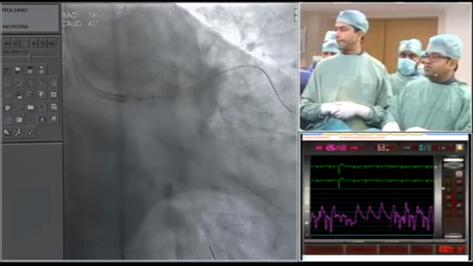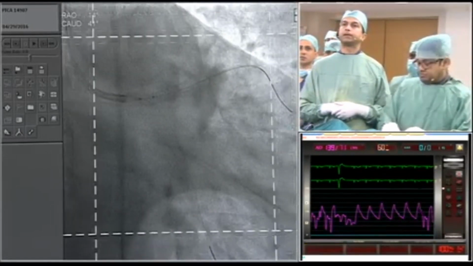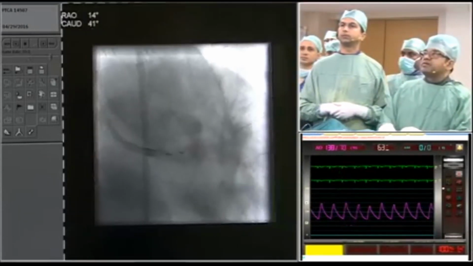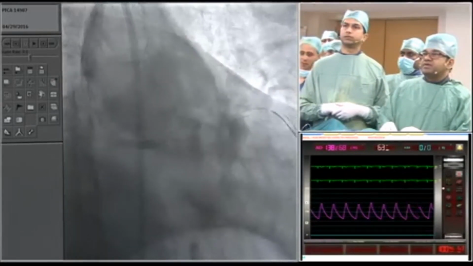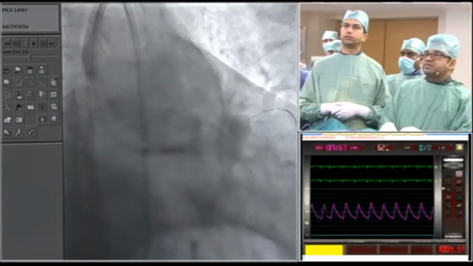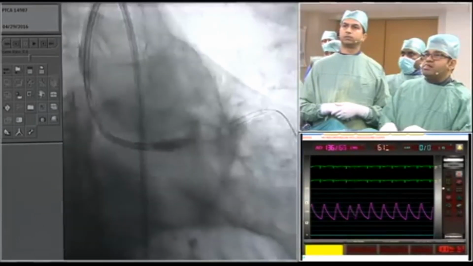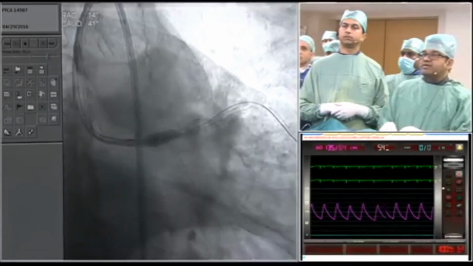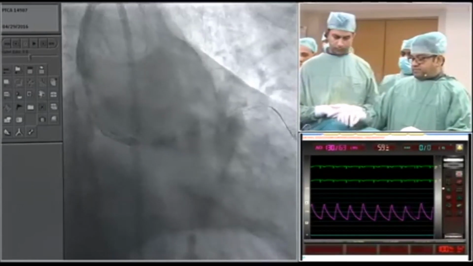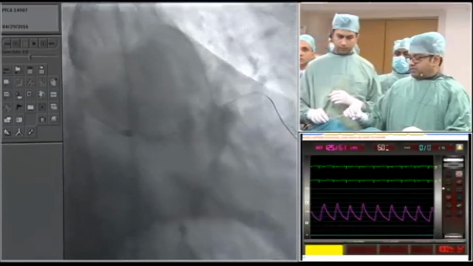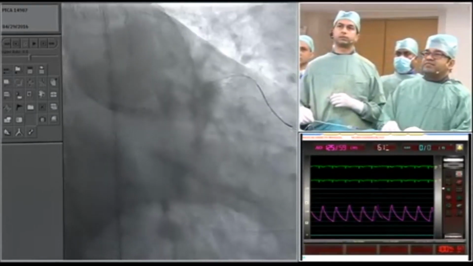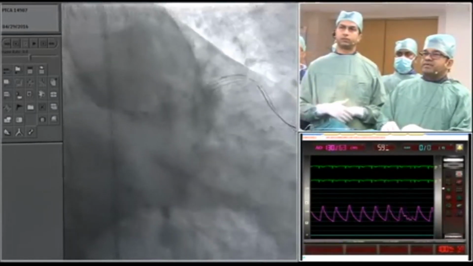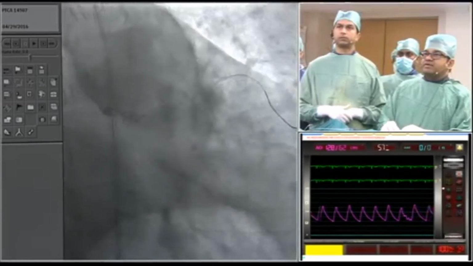We can take help of a stent boost also. Can you zoom on the stent boost? Go up 8, 10. What is the size of this balloon? It is 4.5 or 4.0? 4.5. Non-compliant, you assume. Non-compliant. Yeah, 12, 14.